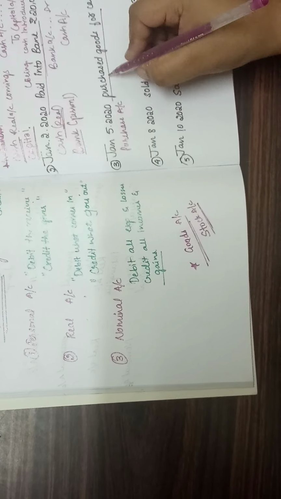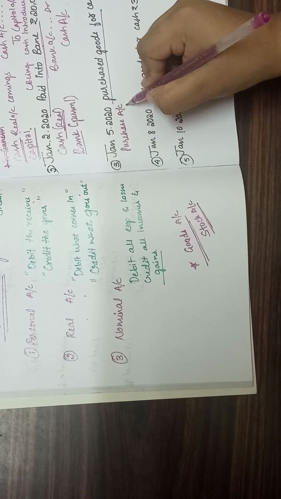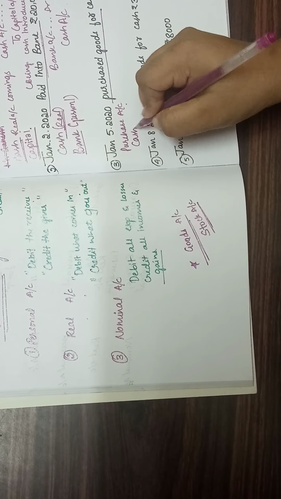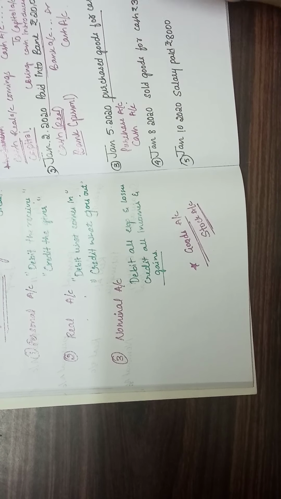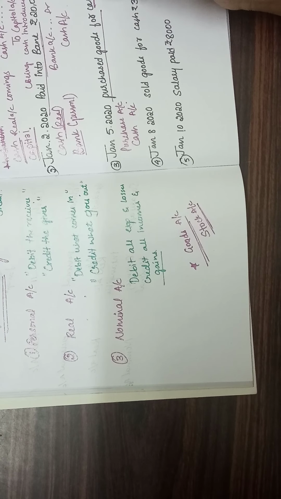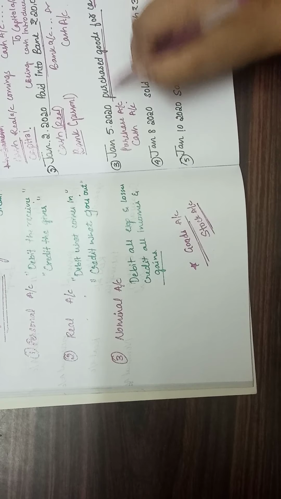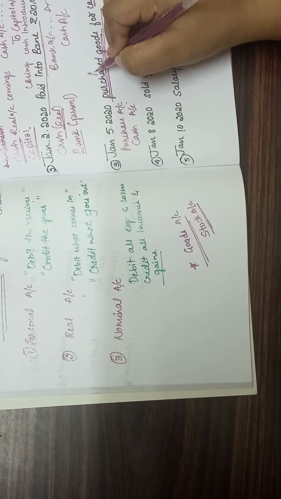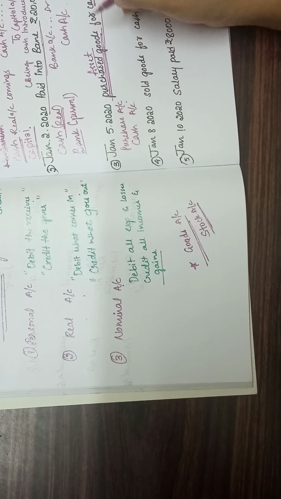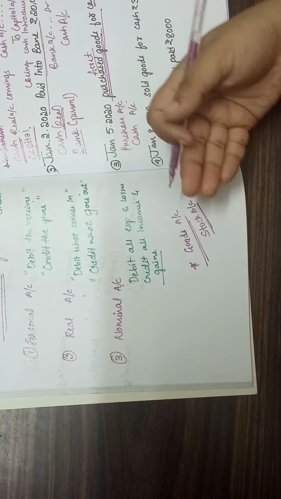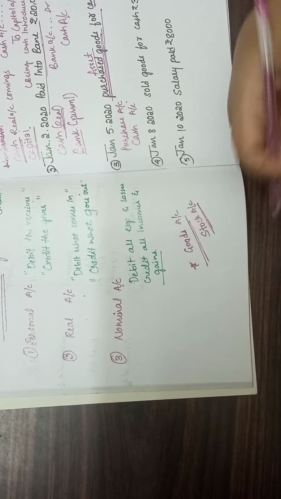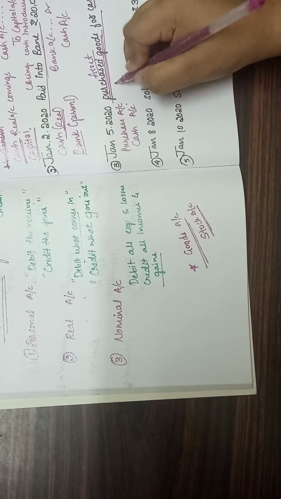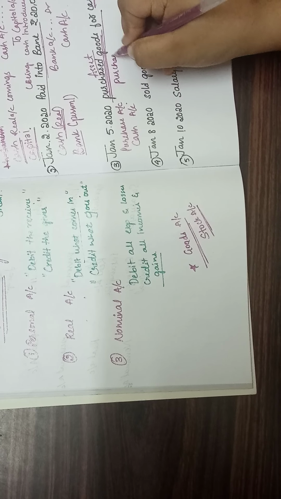The second one is cash account. We are not getting cash, we are getting goods. So debit what comes in. Purchase is coming in, which means we should write it in the debit column.